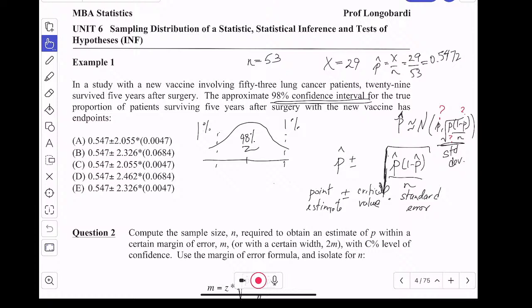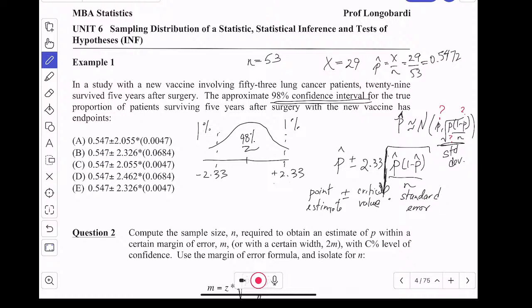So this is negative 2.33, and this is positive 2.33. I never noticed before that these two options are identical. But okay. This is now 2.33 standard deviations away.